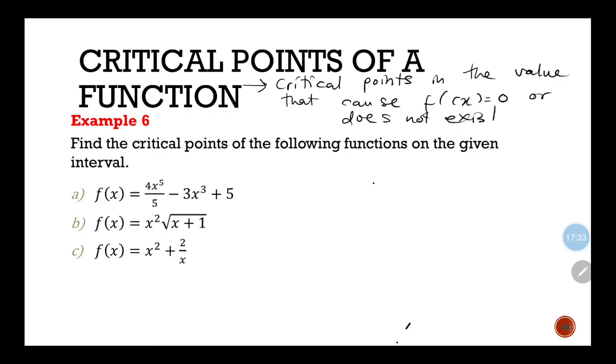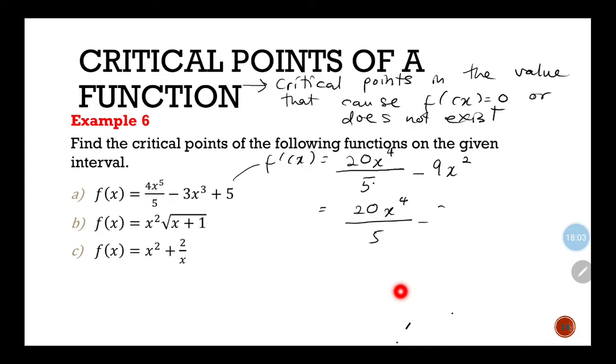Let's look at example 6a. So 6a is this one, and we want to differentiate it. f prime x is 20x to the power of 4/5 minus 9x squared. Then you should set this equation equal to 0, because we want to find the value of x that will cause f prime x to be 0.